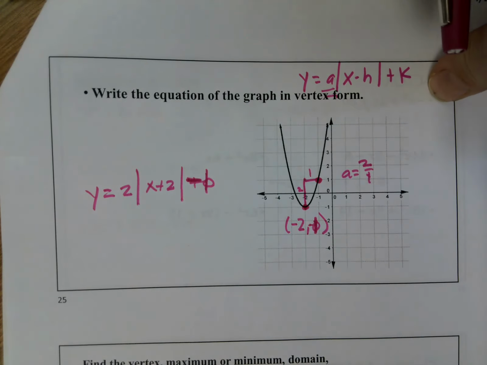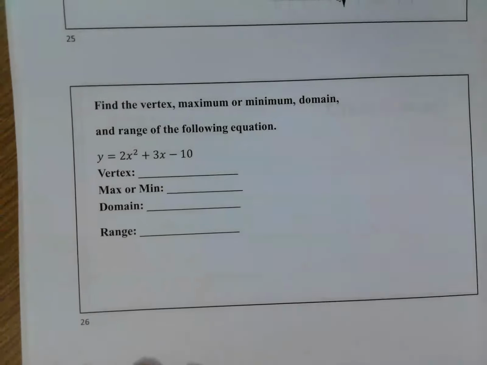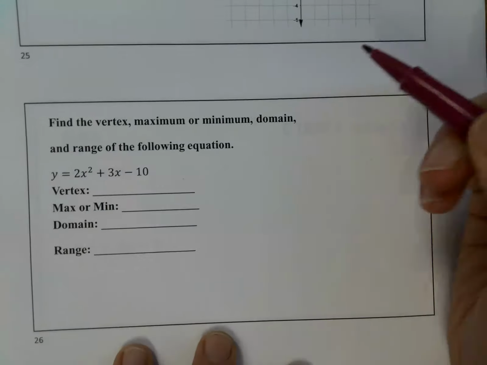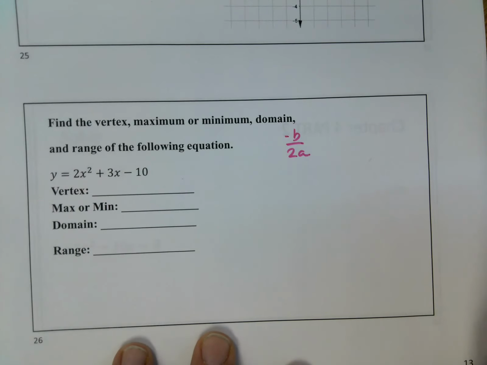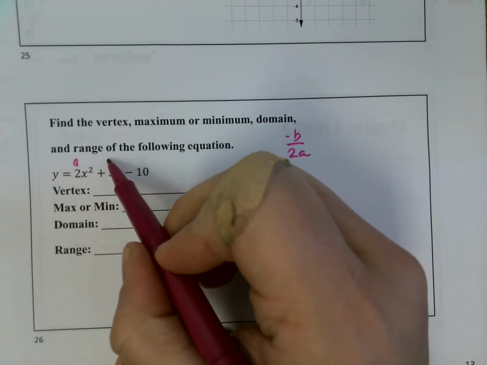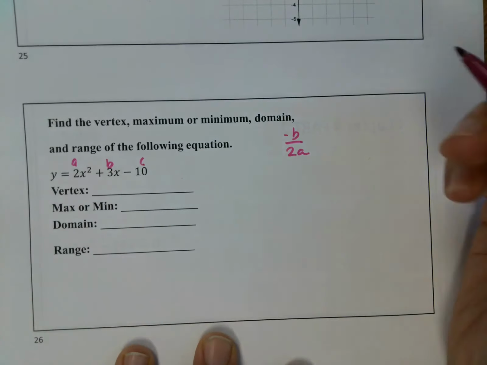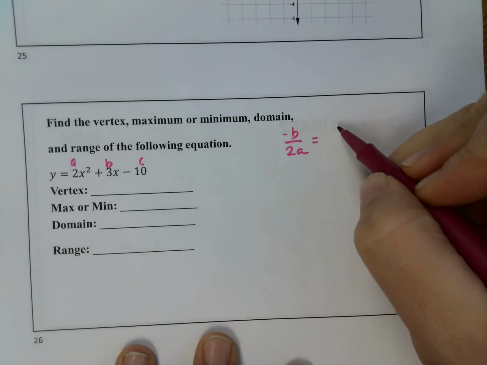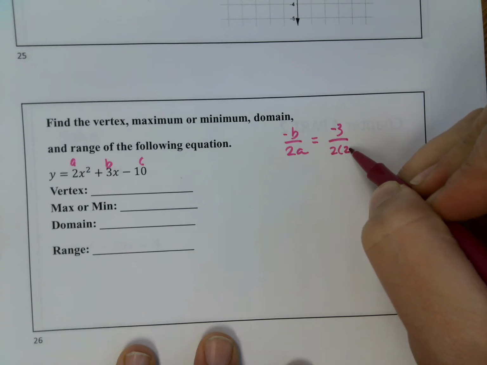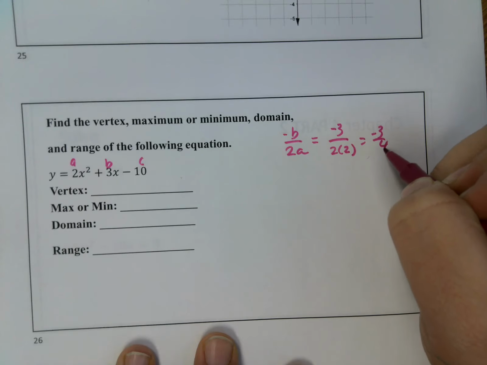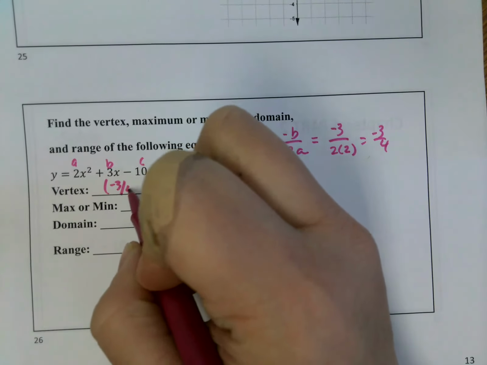The other part from Chapter 4, Part 1 was finding the vertex. Remember, finding the vertex is opposite b over 2a and then plugging it in. So if I look at this, this is my a, b, c. So if I do opposite b, that would be opposite 3 over 2 times a. This is -3/4. So I know my vertex is -3/4.